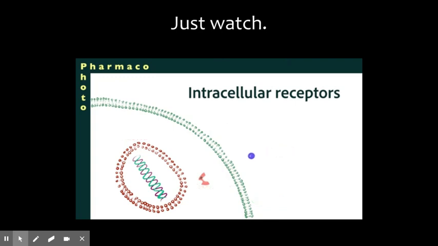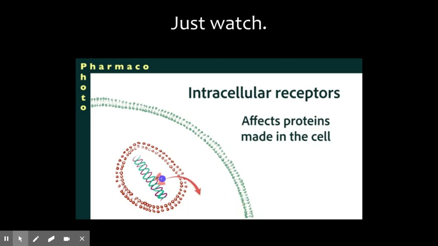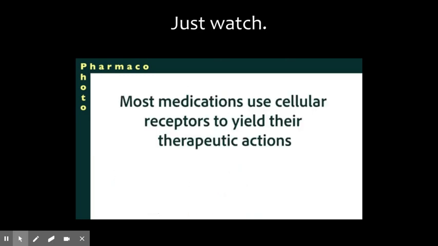When those receptors bind to the ligand, the entire receptor ligand complex goes into the nucleus of the cell, binds to the DNA, and affects the transcription and translation of certain portions of the DNA.